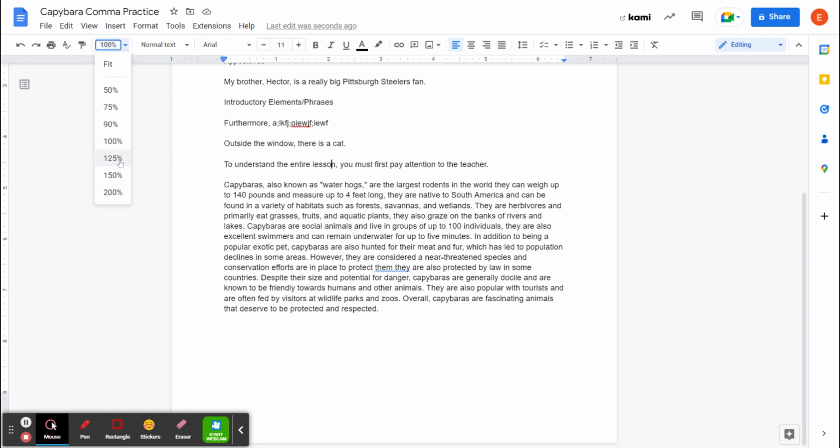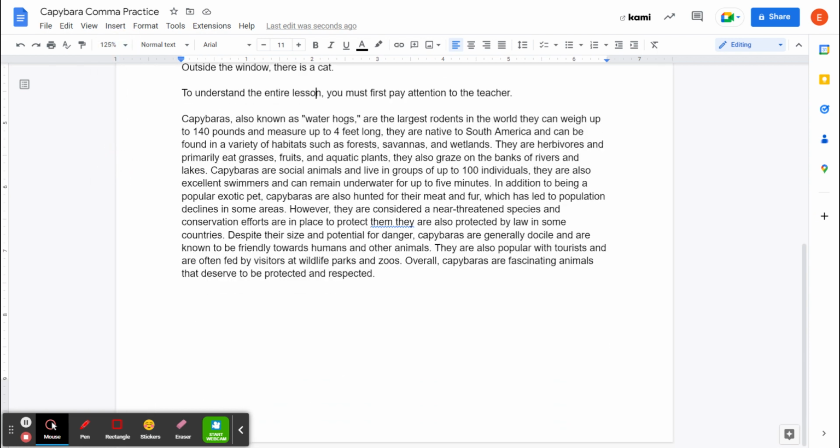Now let's closely examine this article on capybaras here and see what we need to do. All right. So, capybaras, also known as water hogs. Okay. Well, first off, I've got commas here. Do those commas need to go there? Well, I'm seeing that capybaras, also known as water hogs, are the largest rodents in the world.